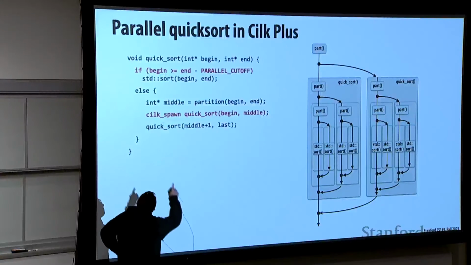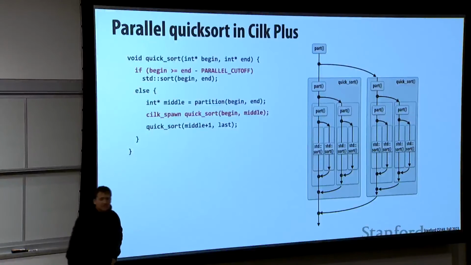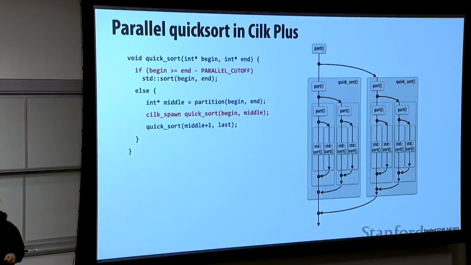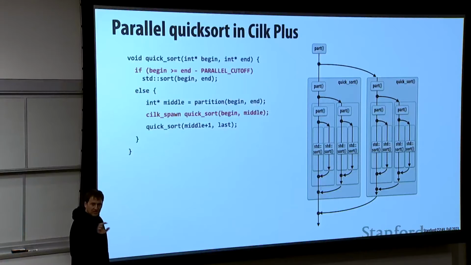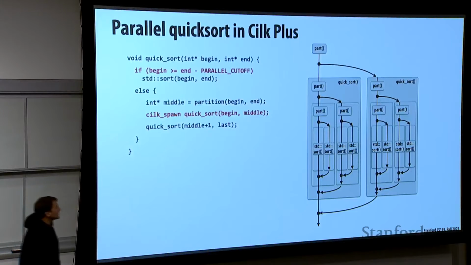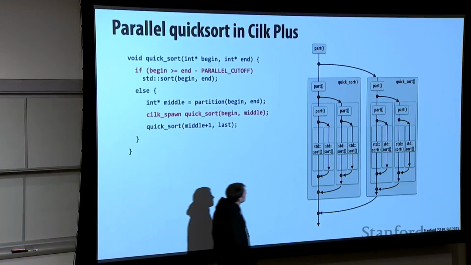And the only other thing is, if the size of the array is sufficiently small, just do it sequentially, because I don't want any overhead of dealing with concurrency at that point. So there's a little bit of a base case there, but I didn't need to put that in there for correctness.